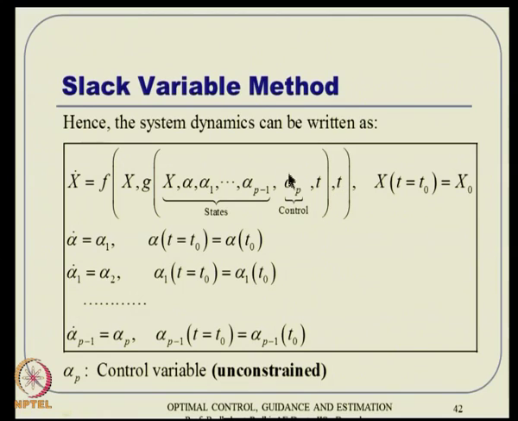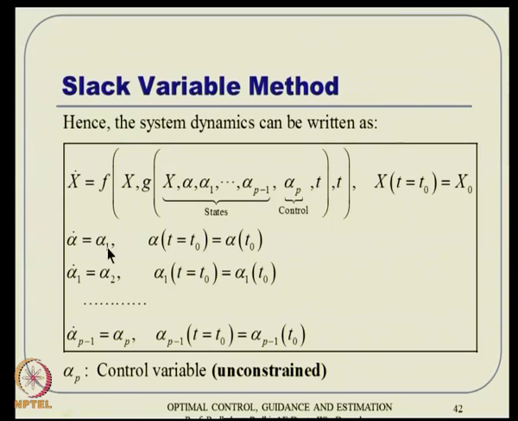Then here I will treat alpha p as the new control variable. All other things are states. So, I have introduced new states alpha 1 and so on, up to alpha p minus 1. So, p more states are coming, and alpha p is treated as the control variable.